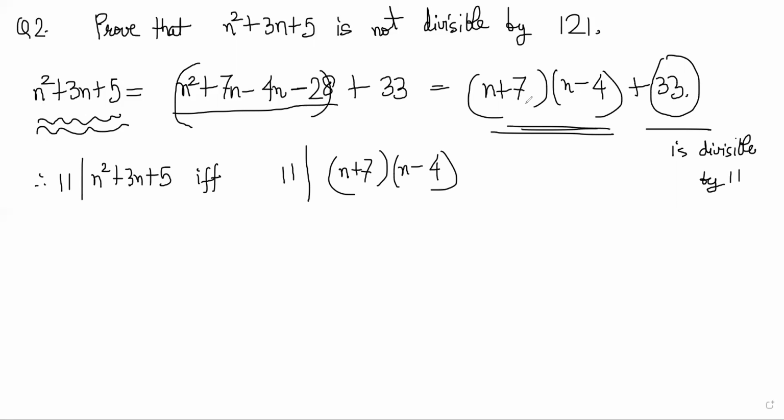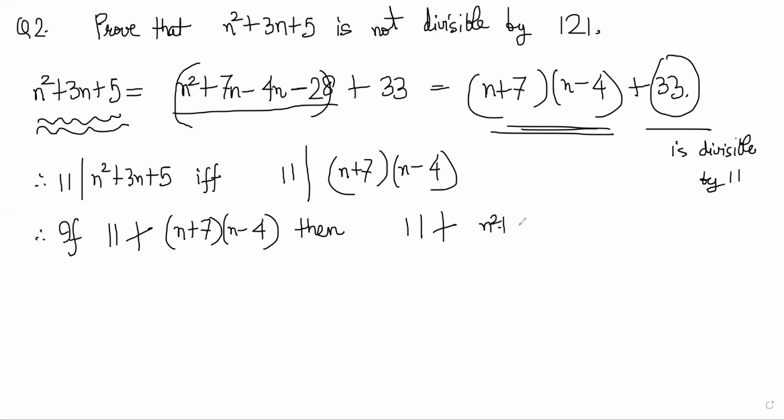Only if 11 divides this can the whole thing be divisible. Therefore, if 11 does not divide n plus 7 into n minus 4, then 11 does not divide n square plus 3n plus 5, right? So this is one case.